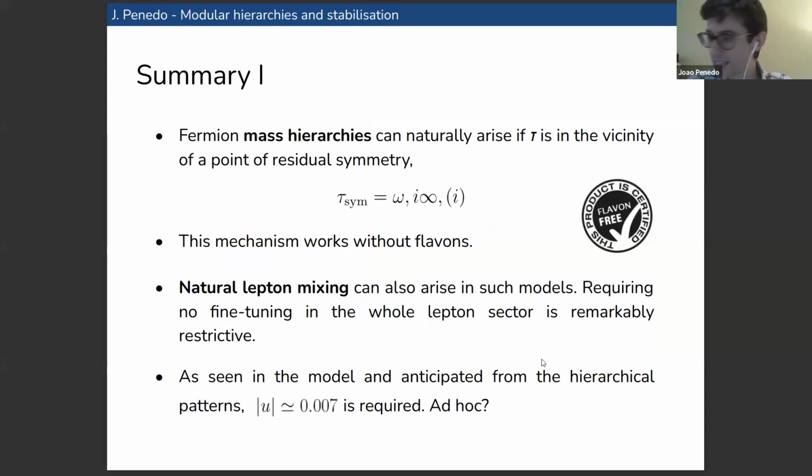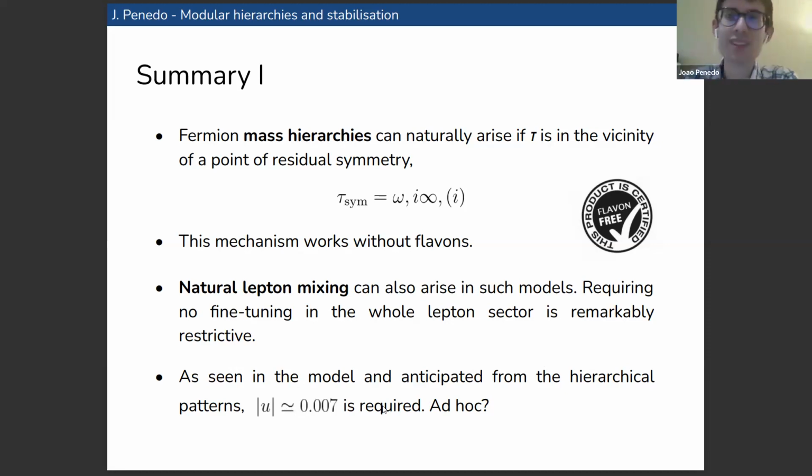Now, since I have a little time left, I will just present the flavor of the other paper, which is answering this question here. We needed to fit, for this model, we needed 2, or equivalently this U.007. And of course, you may wonder, okay, you trade one fine-tuning for another.